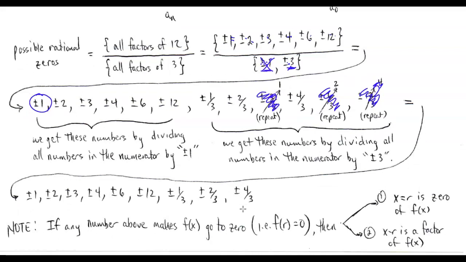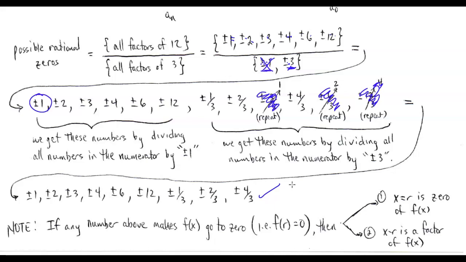And so what this says is that if the polynomial that we originally started with had any numbers that I can plug in for x that would look like a rational number, that would make my polynomial go to 0, it has to be out of this list. Again, there is no guarantee that any of these numbers actually work for our polynomial.